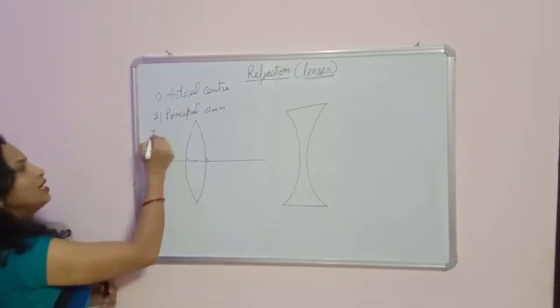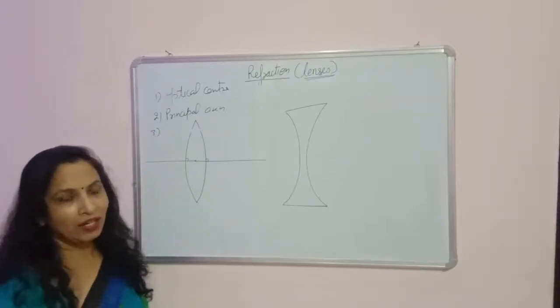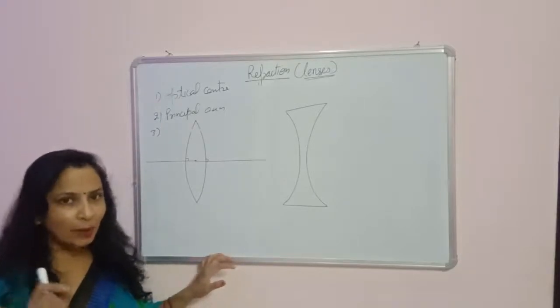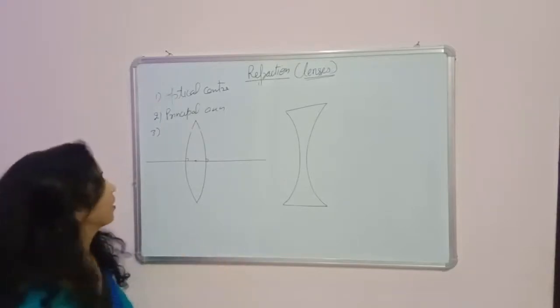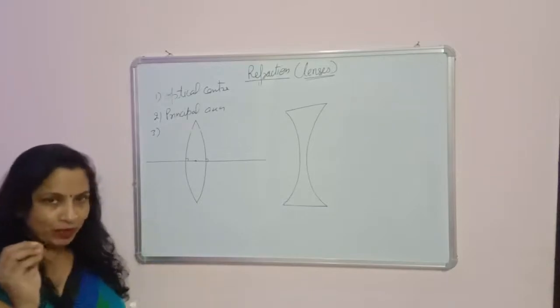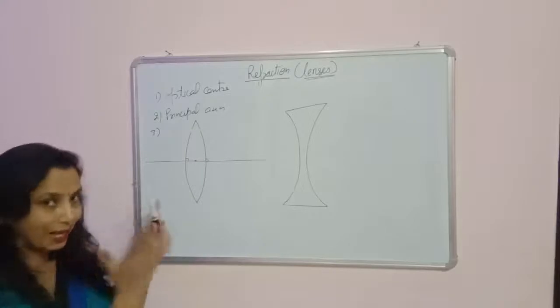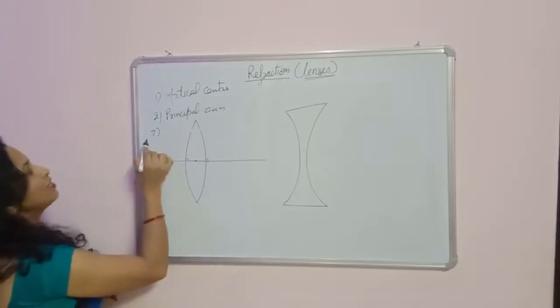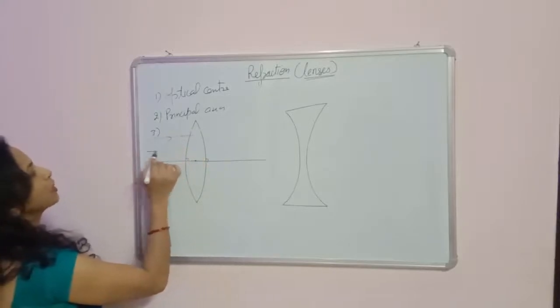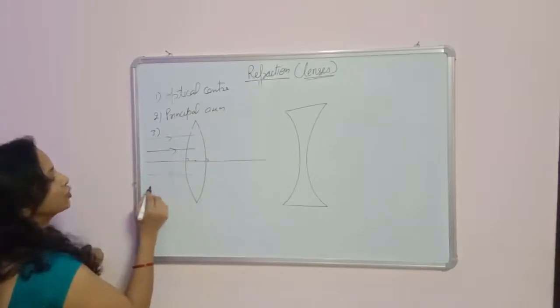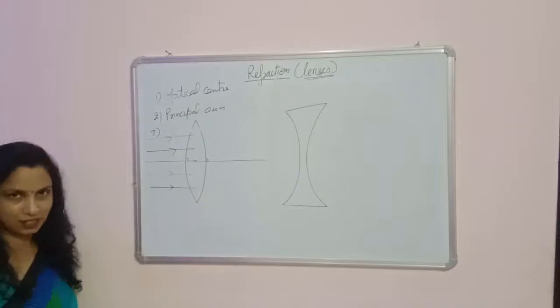And the third, it's really important. And one more thing, when you write the definition of principal focus, you have to draw the figure with it. Like for the explaining of principal focus, I am going to explain one diagram. Like the lines which are initially parallel to the principal axis. We know the principal axis, this is the principal axis, and these lines are coming parallel to this principal axis.